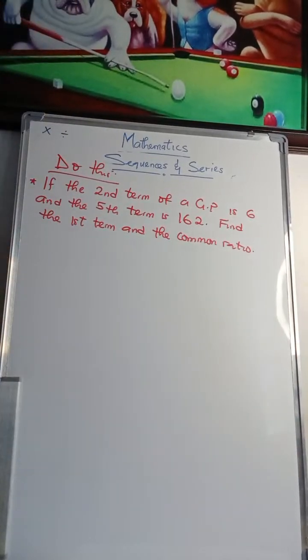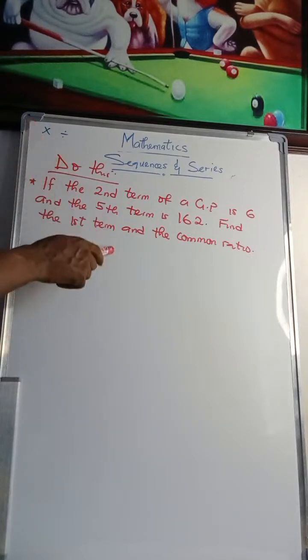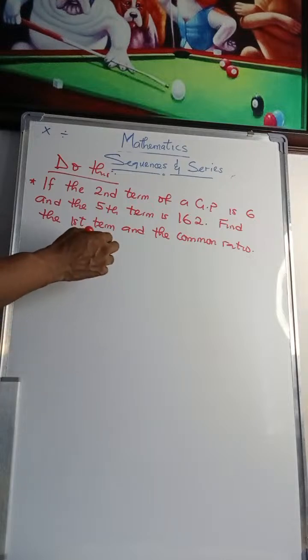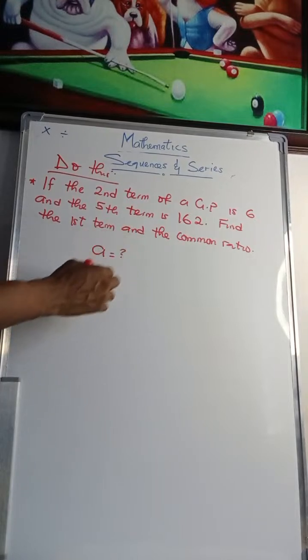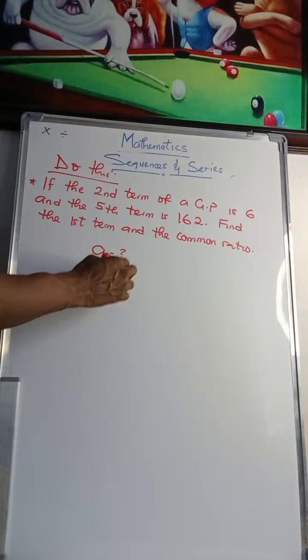So if the second term of the GP is 6 and the fifth term is 162, find the first term, which is a, and find the common ratio, which is r.